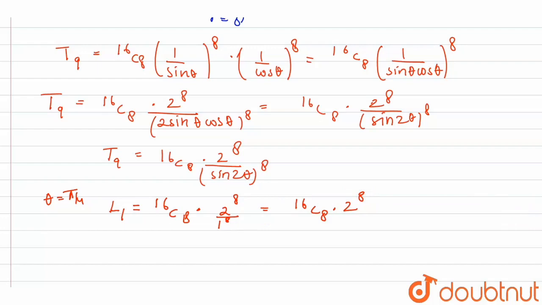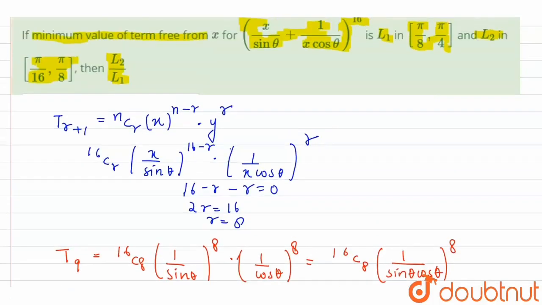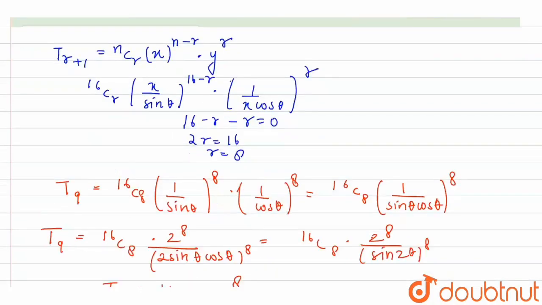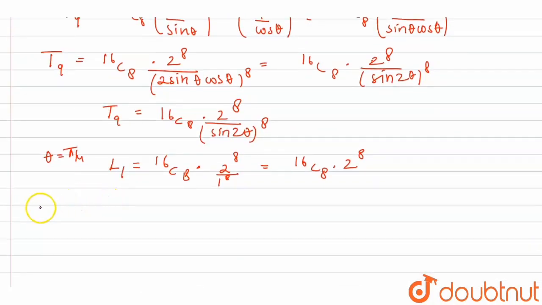Now for L2, again in the interval pi by 16 to pi by 8, it is an increasing function. So we will take theta equal to pi by 8 for L2. If we take theta equal to pi by 8, we get L2 is equal to 16C8 into 2 to the power 8, and if we put theta pi by 8, this becomes sin pi by 4, which is 1 by root 2.